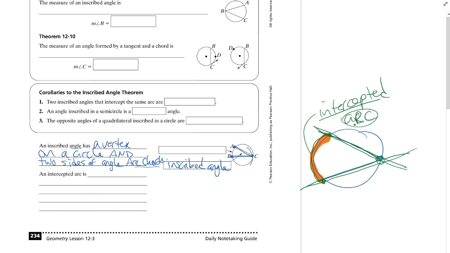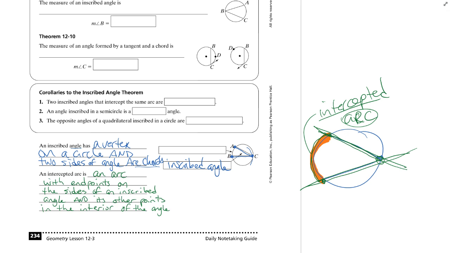So an intercepted arc is an arc with endpoints on the sides of the inscribed angle and its other points in the interior of the angle. This last part may not be as logical or as understandable as you think, but here's what we're talking about. We have a circle, and we're going to have endpoints on the sides of an inscribed angle.